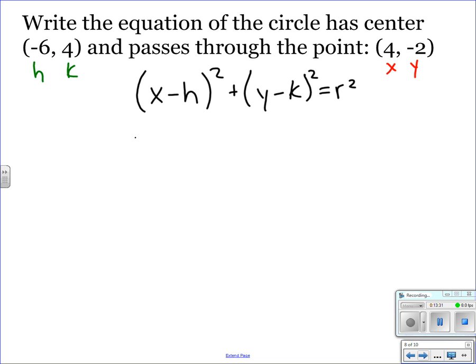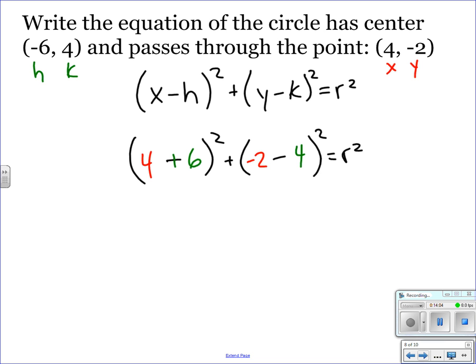So it's just a matter of plugging in. Our x is the x point. 4 is our x value. h is a negative 6. Our y value is negative 2. k is a positive 4.